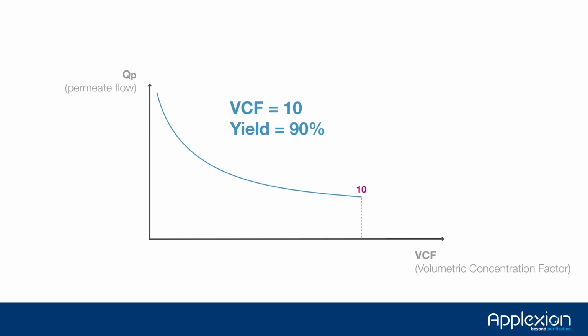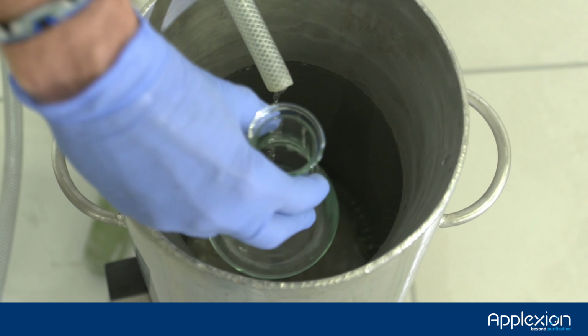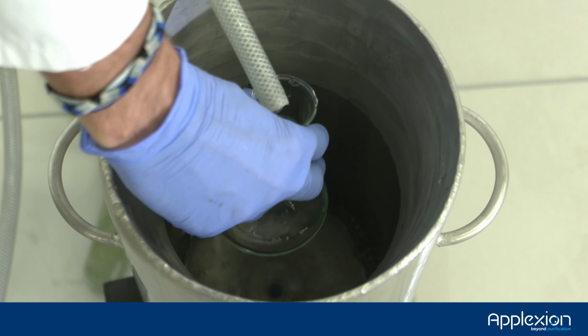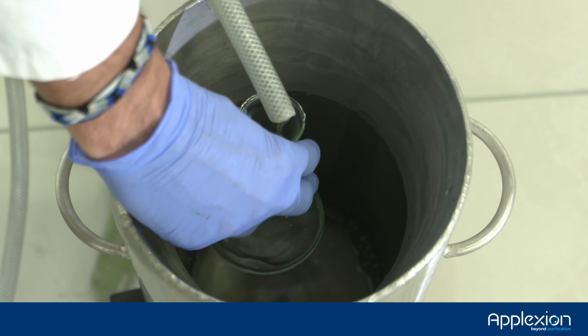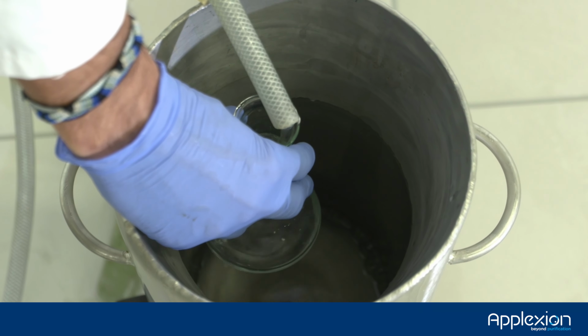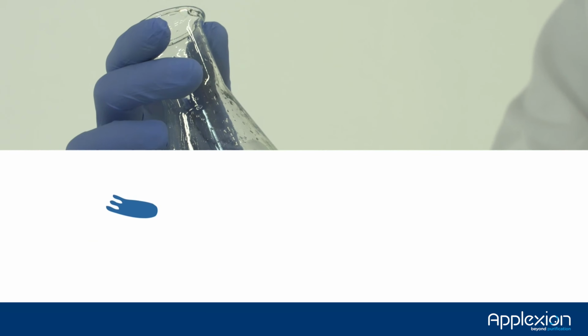The result is an increase in viscosity and therefore a decrease in the permeation flux, also known as productivity. It is important to properly monitor flux value versus VCF and to increase the concentration until the targeted yield is reached.